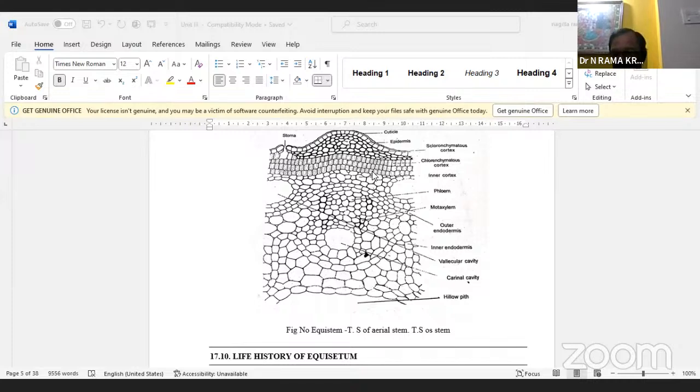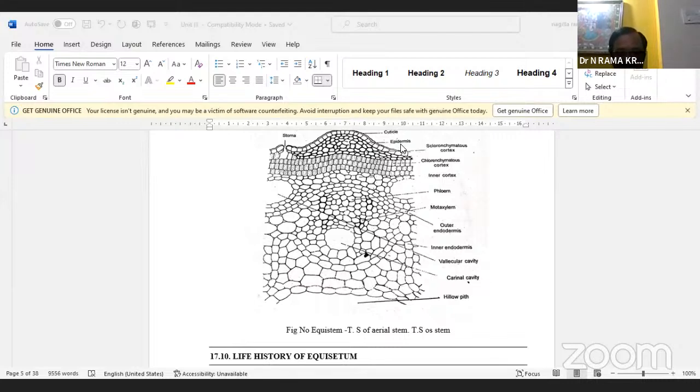Yeah. So next, now you see here, the endodermis is there. Here now you see this one. Okay. So this one is the endodermis, with an outer endodermis and an inner endodermis. After the cortex, the stele is there.